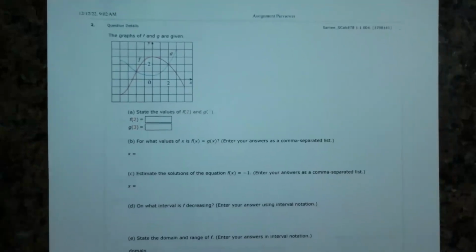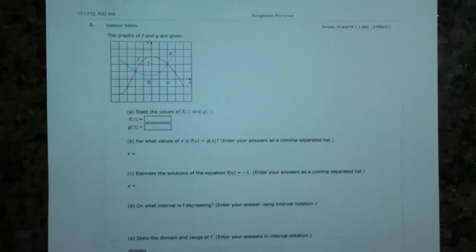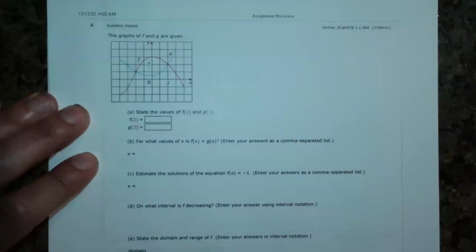Problem 2, we have a couple of functions here. We have function f, which is the pinkish looking one, and we have the function g, which is the blue one. And part A, state the values of f of 2 and g of 3. So f of 2, we are only looking at this curve here. We're ignoring the other curve.